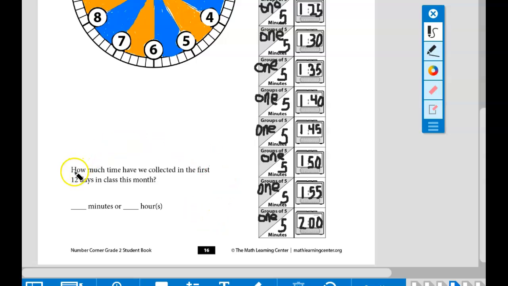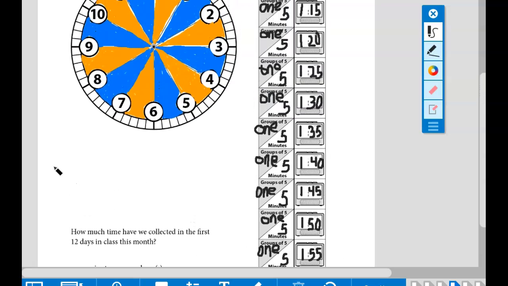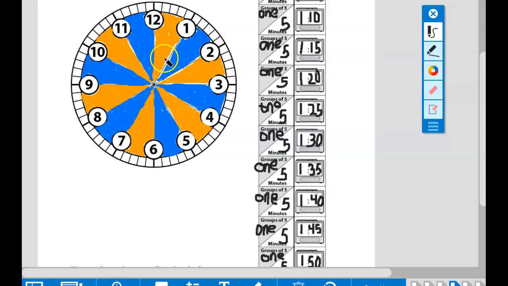Now let's look at our last question. How much time have we collected in the first 12 days in class this month? Let's count just one more time by counting our groups of 5 minutes.